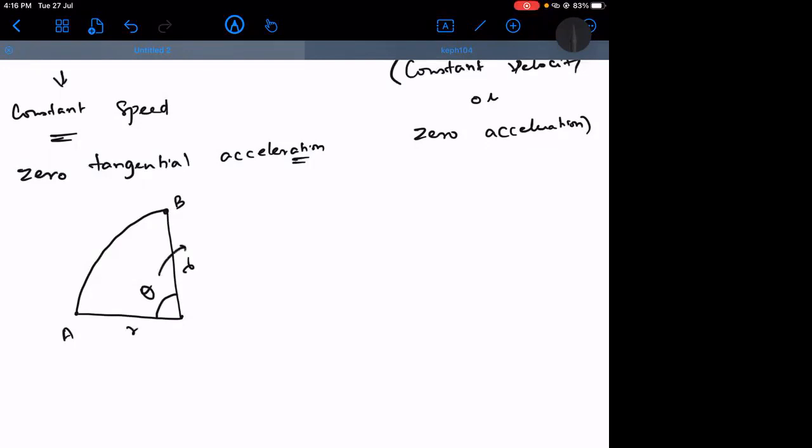Then this angle is what is called the angular displacement. The angle that the arc subtends at the center of that circular motion is called angular displacement. That is the first point.